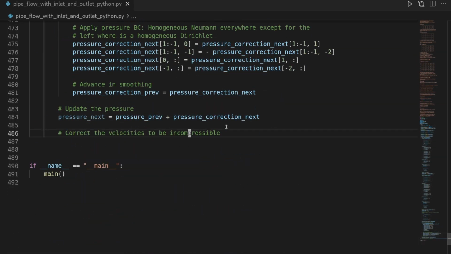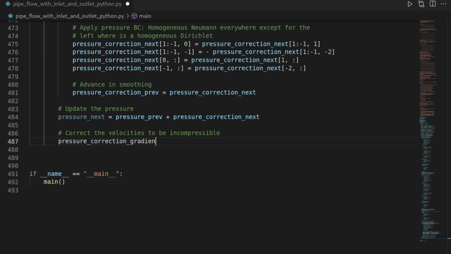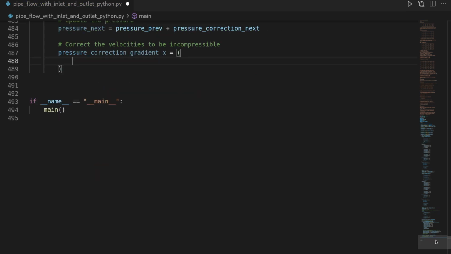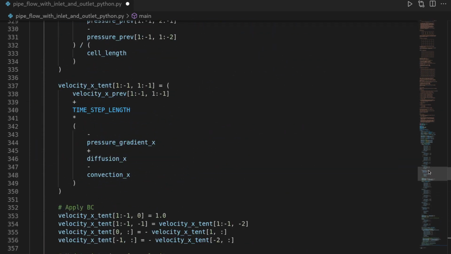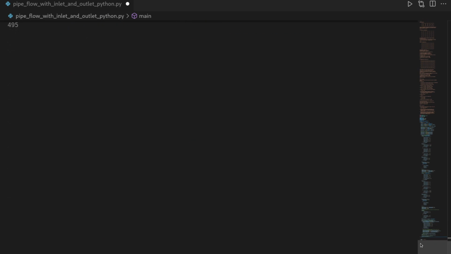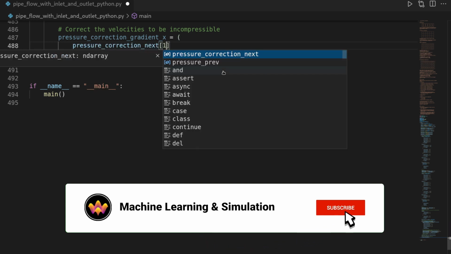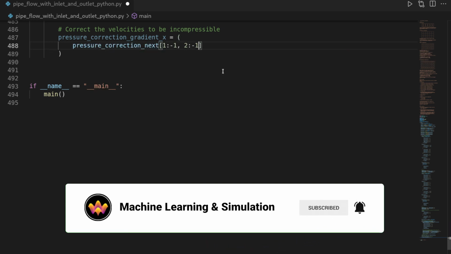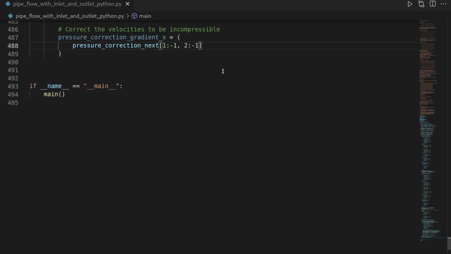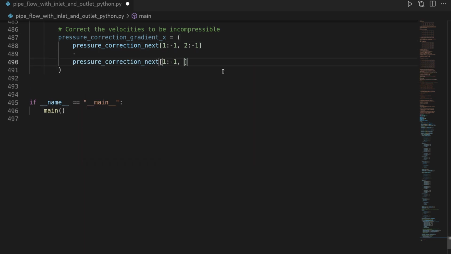So let's go down here and say the pressure correction gradient in x, and this one is then going to be similar to what we've done with the pressure gradient in x. So we're going to have that pattern here. And let me just copy that by saying pressure correction next, interior in y, and 1 forward in x direction, but not to the very last element, minus pressure correction next, interior, and then 1 to -2.